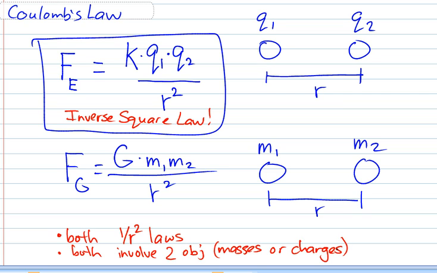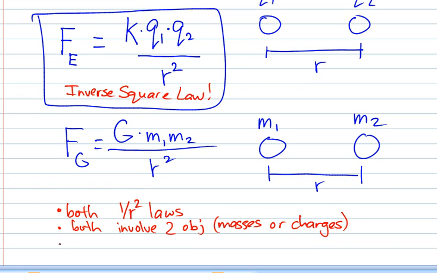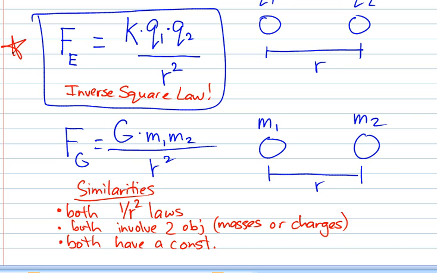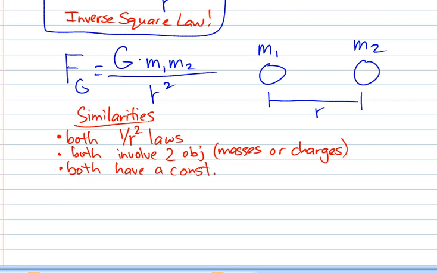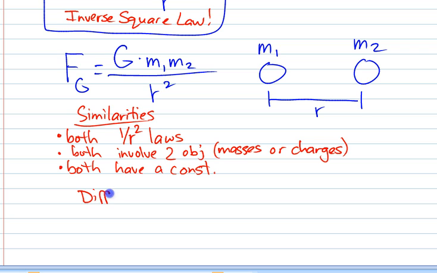And they both have a constant. So these might be our similarities between Coulomb's law, which is electric force, and Newton's law of gravitational force. Okay, so those are the similarities, but there are some very big differences.